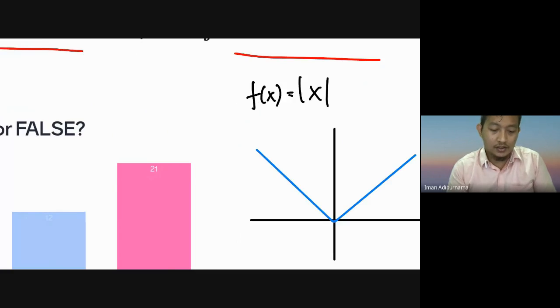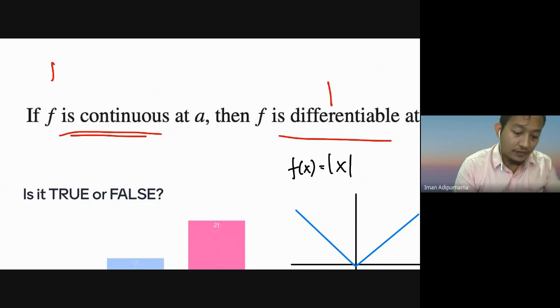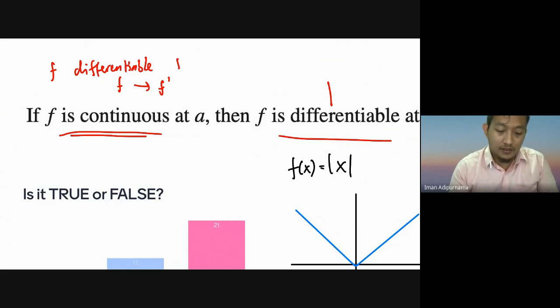So it doesn't mean that if every function is continuous, then that function will be differentiable. That is wrong. But if f is differentiable, so if you can derive f, for example, you can derive f to be f prime, then f is continuous. This is true.